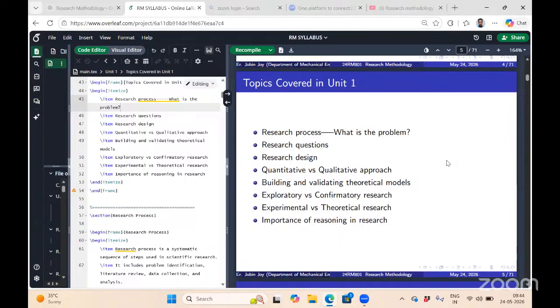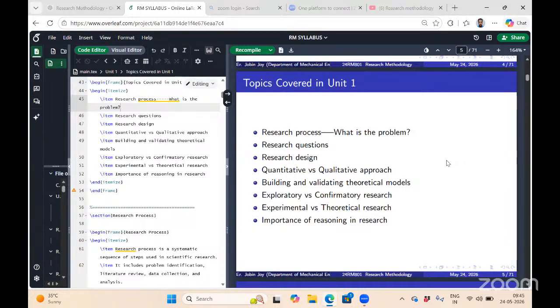Based on the research design selection, collect data properly, and then analyze those data with the help of any tools. The next step will be interpretation and conclusion after analyzing the data, and then based on that, you have to prepare the report. So these are the steps involved in this research process.